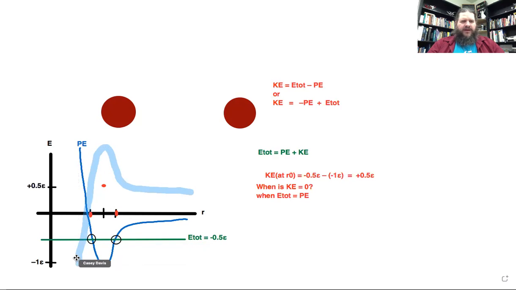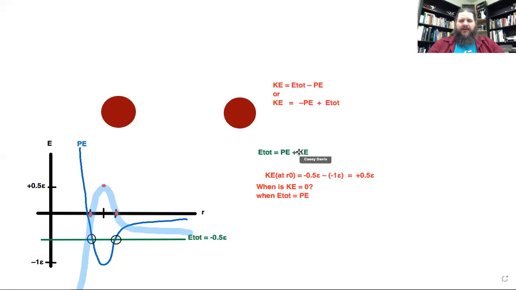This light blue curve here is negative potential energy, but then we're also adding E total. What happens when you add a constant to a function? That's going to shift it up or down. Specifically, since E total is a negative value, when we add a negative, that's going to shift it down. So this light blue curve, flipped and shifted, is going to be our graph of negative PE plus E total.